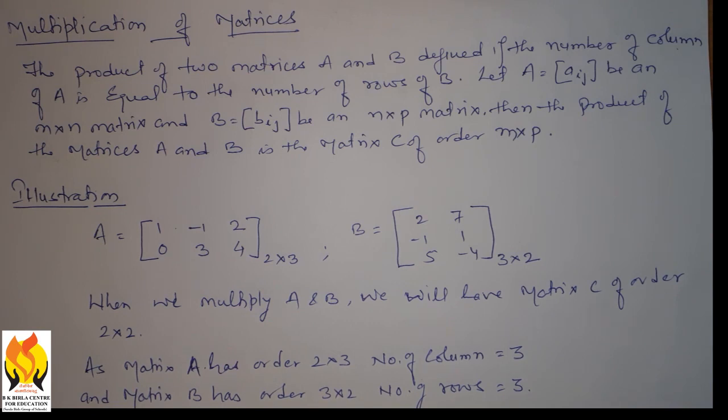That means matrix A has order 2 cross 3, so the number of columns is 3, and matrix B has order 3 by 2, so the number of rows is 3. Hence, the number of columns of matrix A is equal to the number of rows of matrix B. That means the product is defined. If the product is defined, then we have resultant matrix C of order 2 by 2 in this case.